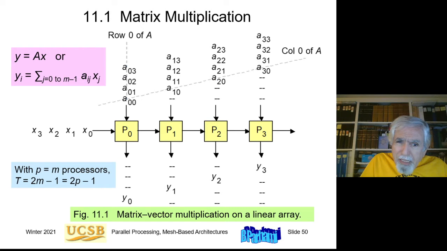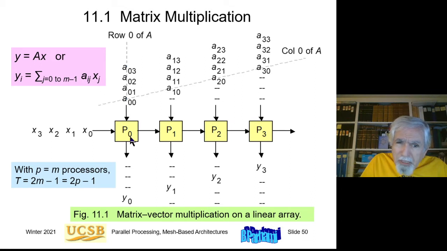Basically, y0, the output, according to this equation, is a00 x0 plus a01 x1 plus a02 x2 plus a03 x3.